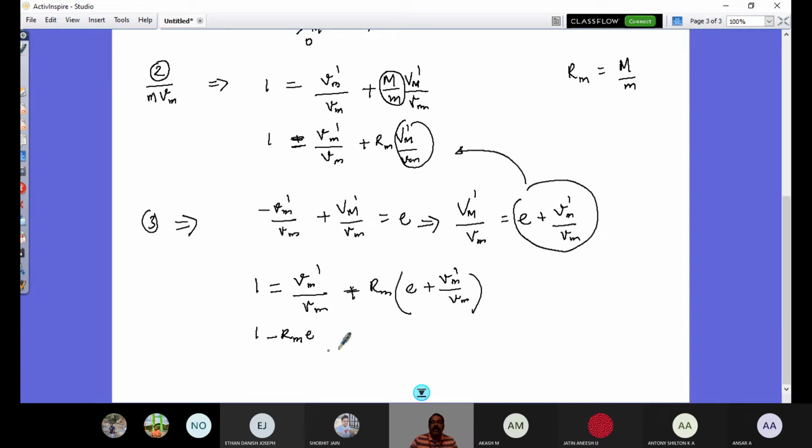So the left hand side is without velocity terms. On the right hand side I'm going to have this small Vm dash by Vm. If I take that out, I will have 1, and this term is already taken on the left hand side, so this term will be there: Rm into this is taken out, so this plus Rm.